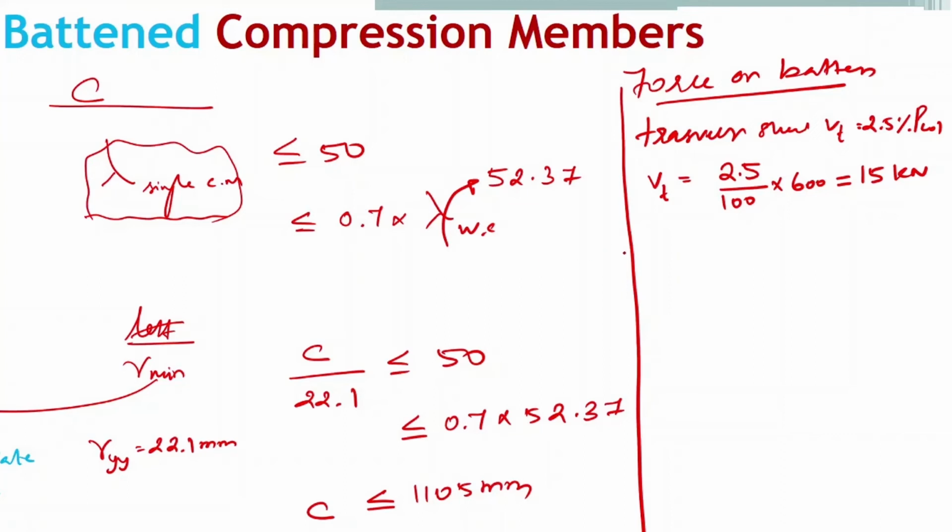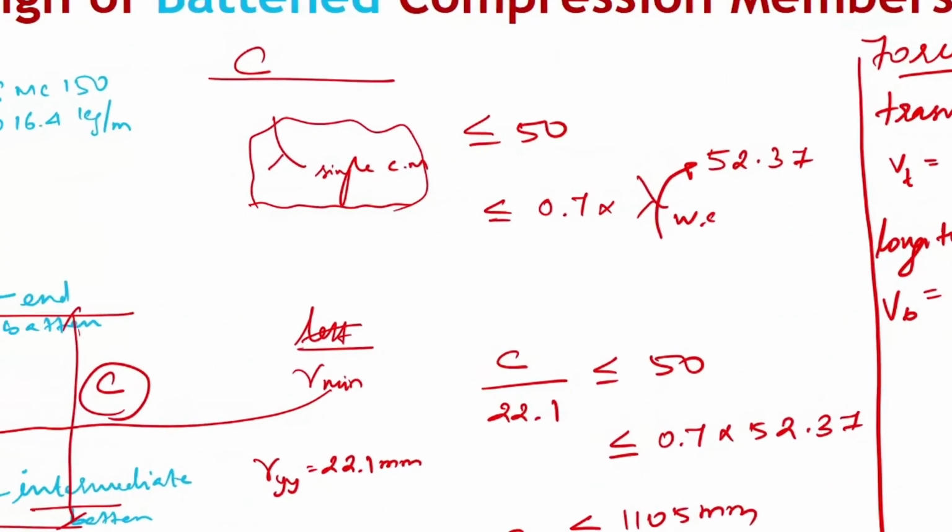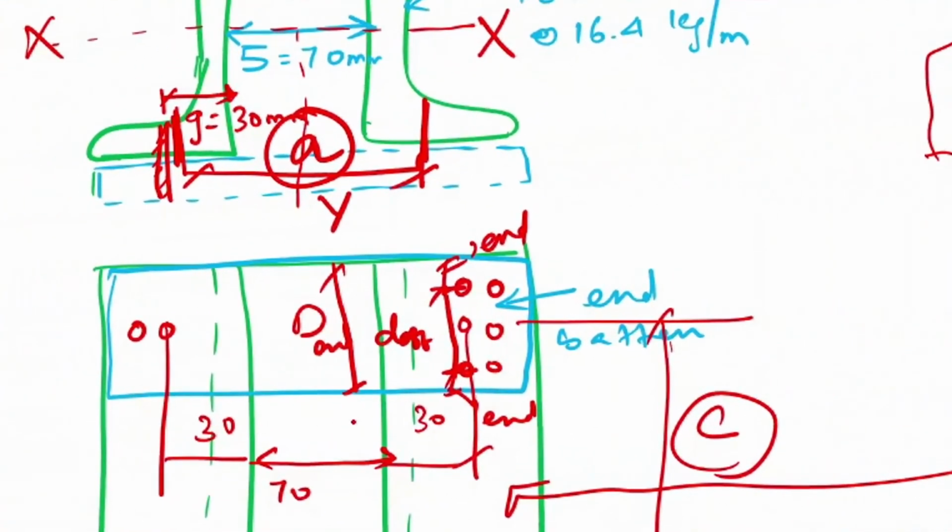So what is my longitudinal shear then? Longitudinal shear VB is equal to Vt C upon N S. Now S is the transverse distance between the bolt groups of one channel to the bolt or weld groups of the other channel.